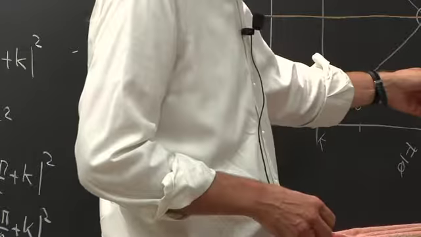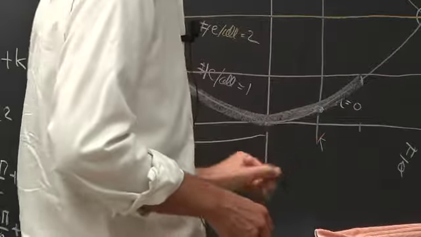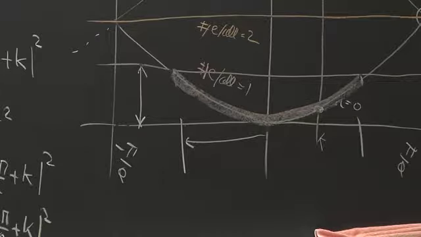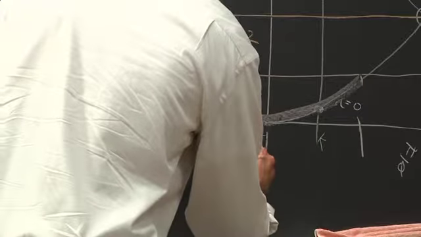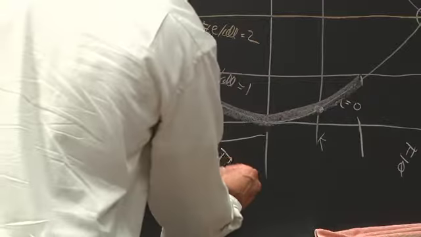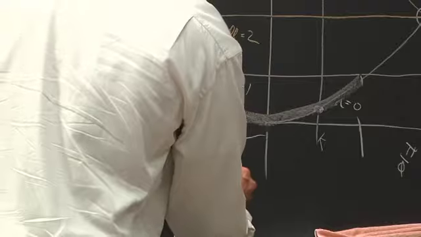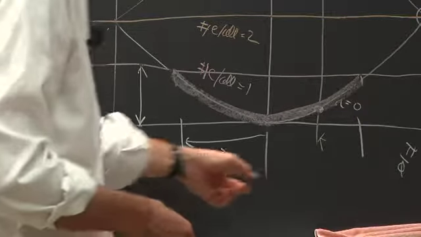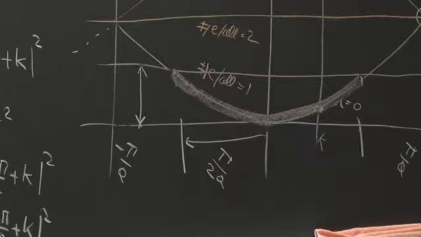So filling half of them corresponds to filling exactly half of the segment of the full Brillouin zone. So we can say for sure that with 1 electron per cell, the length of this segment is pi over 2a, half of the distance between 0 and pi over a. Of course, the same is true on the other side.